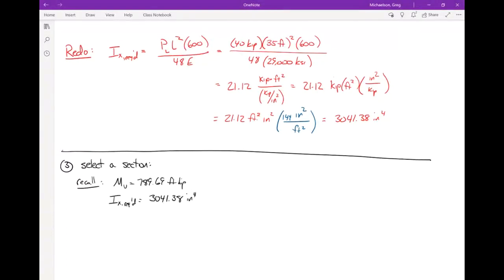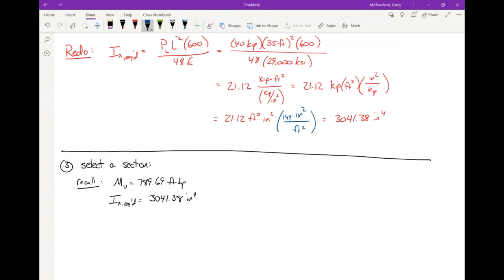All right. This is what I want you to do. Let's go to the manual. Let's go to our Zx tables. And I want somebody to help me out with the Zx tables. What would be the lightest section that you would pick based off of Mu?